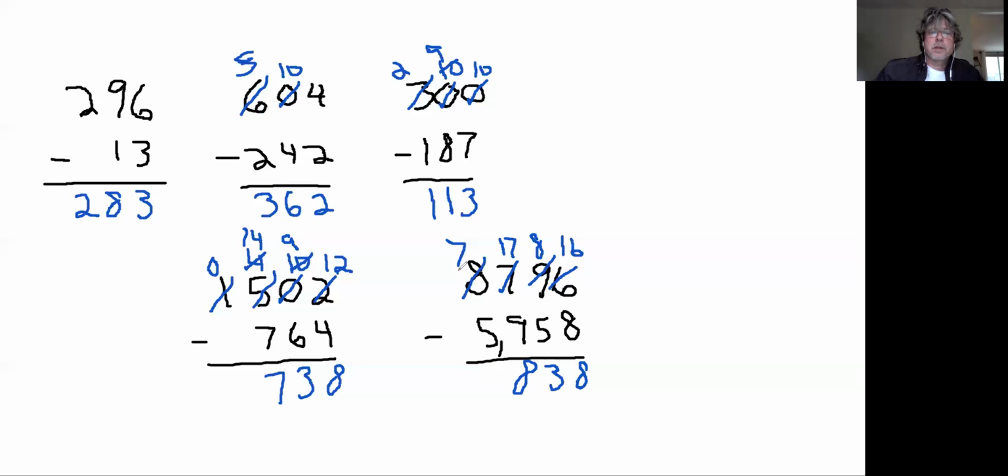And then 7 thousands, take away 5 thousands is going to leave me 2 thousands. So therefore the answer is going to end up being 2,838. And remember, the comma is optional. You do not have to keep the comma in there. So it'll just read either way. So hopefully that will help you have a better understanding of how subtraction works with borrowing.